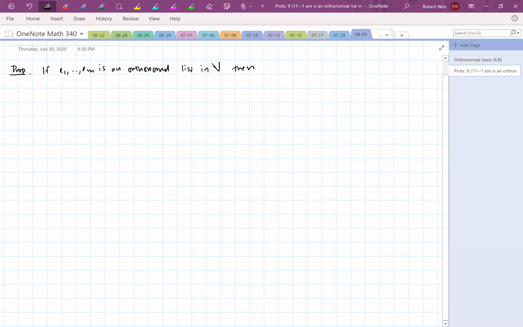Then it's very easy to compute the norm of a linear combination of orthonormal vectors. If you square this norm, you just get the sum of the squares of the absolute values of the coefficients. This is for all choices of scalars.